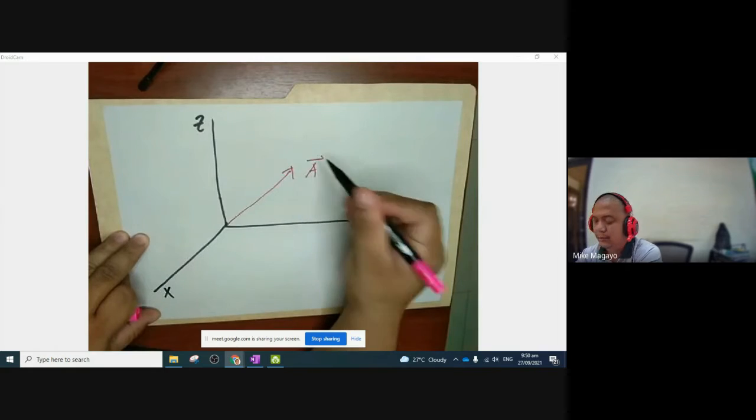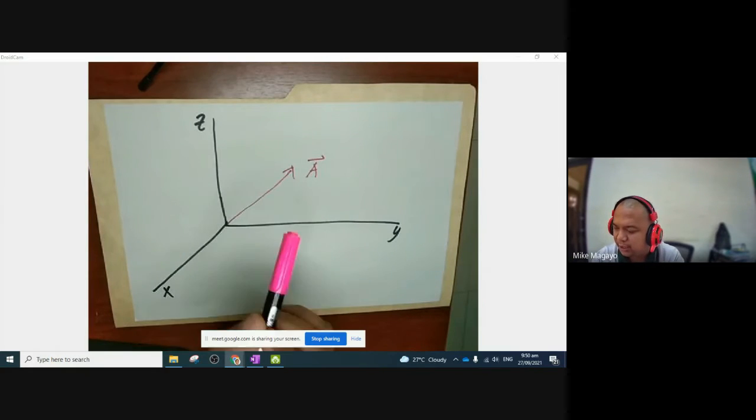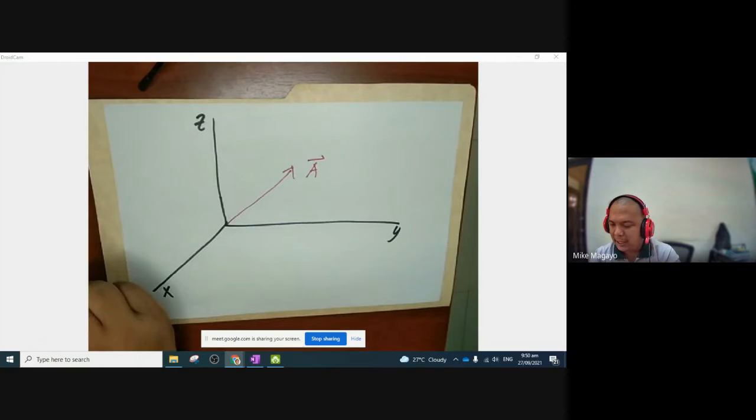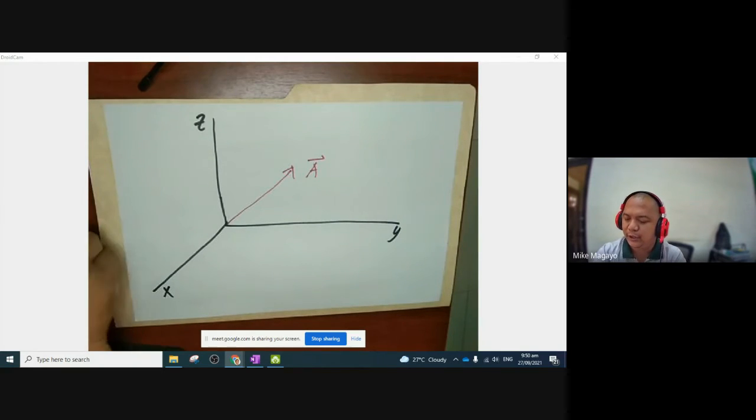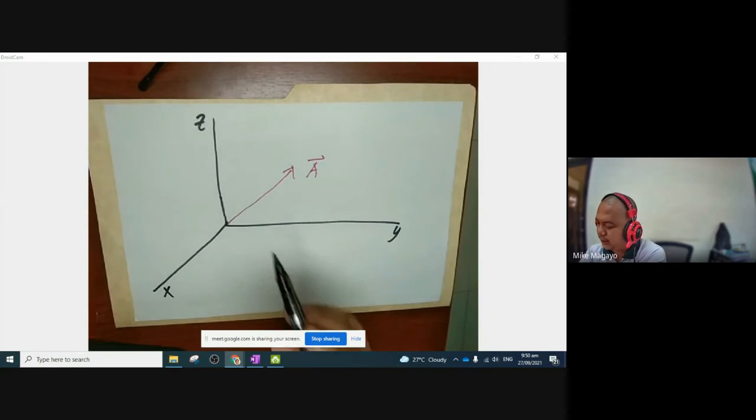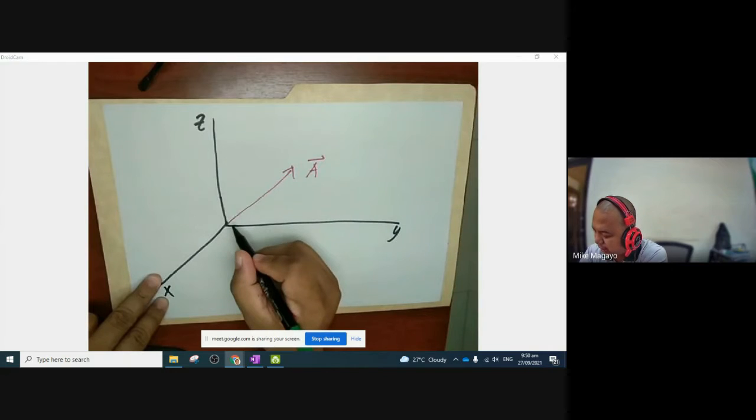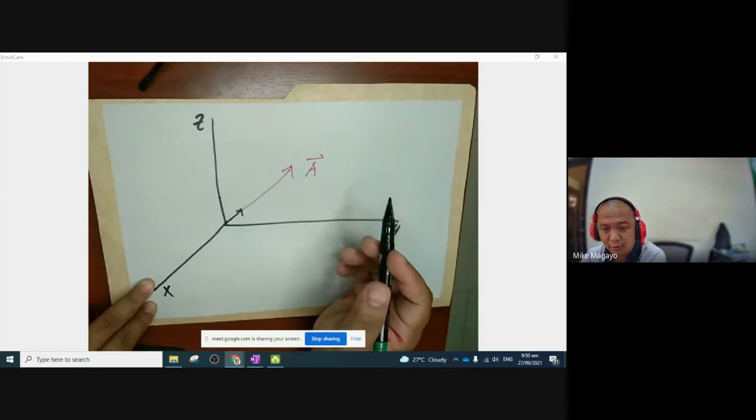That's your vector A. This vector A is basically described by another quantity called a unit vector. A unit vector basically indicates the direction of the vector it represents.